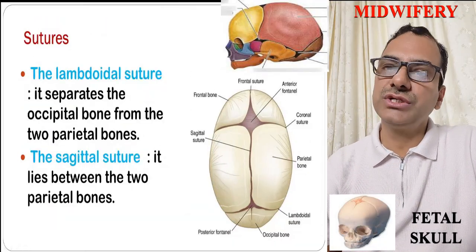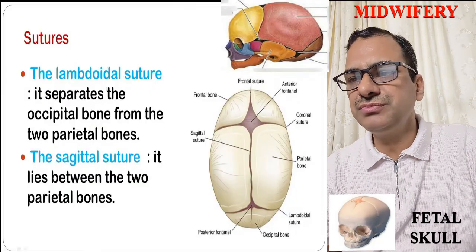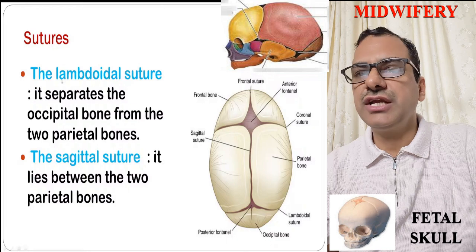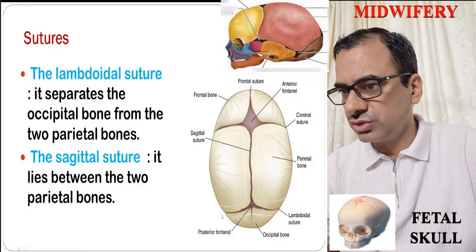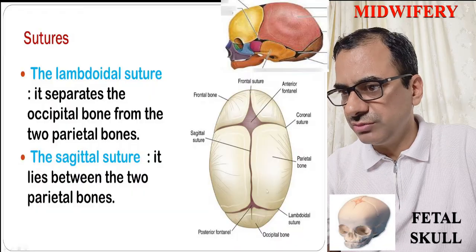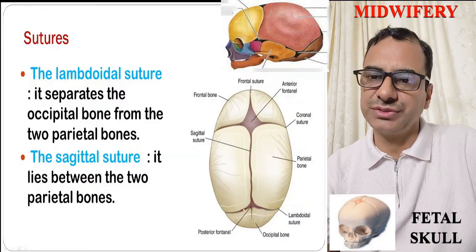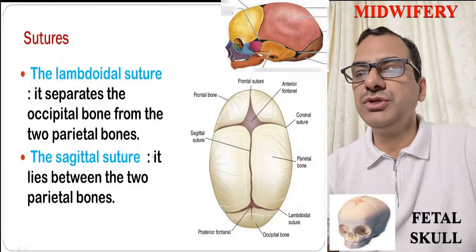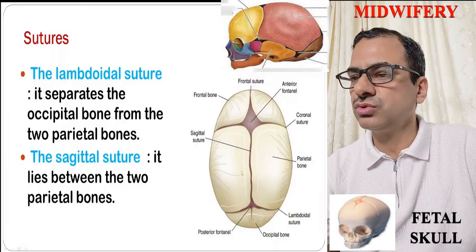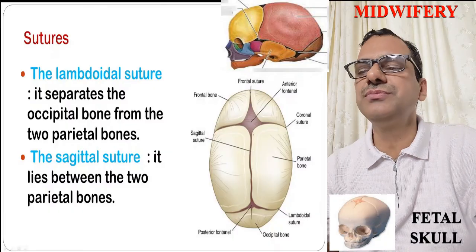Now, what are the sutures in fetal skull? Number 1, lambdoidal suture. It separates the occipital bone from the two parietal bones. So this one is occipital and these two are parietal bones, and in between them is the lambdoidal suture. And what is sagittal suture? It lies between the two parietal bones, so at the center there will be sagittal suture.